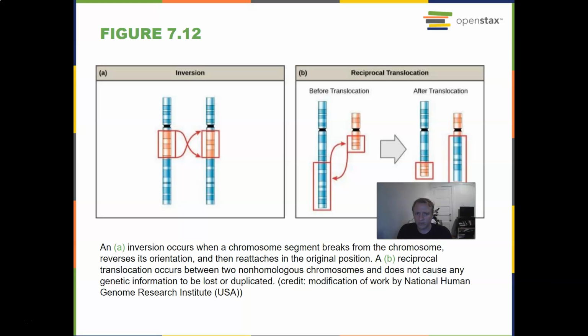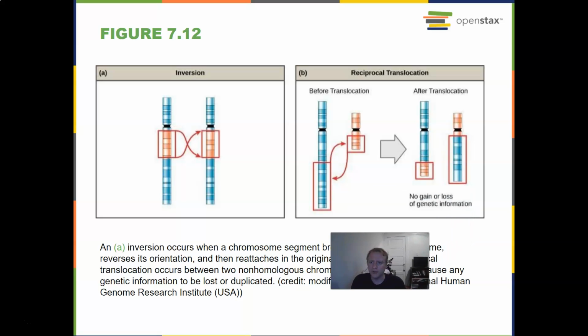So some other chromosomal issues, don't worry about all of this text, but some other chromosomal issues that you can have are things like inversions. And you see here, basically what's happening is this little segment of the chromosome is getting flipped upside down. Okay, this little chromosome is getting flipped.